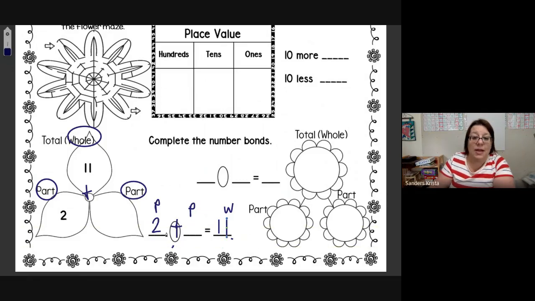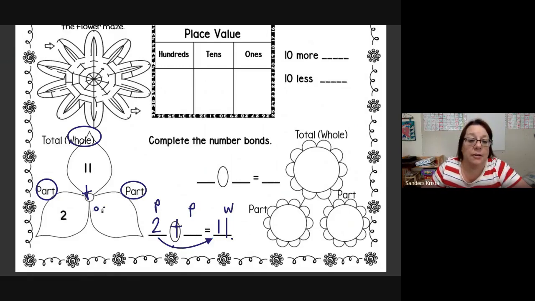So I know that I can count on from 2 up to 11 to get my missing part. So I'm going to draw dots for that. 2, 3, 4, 5, 6, 7, new line, 8, 9, 10, 11.